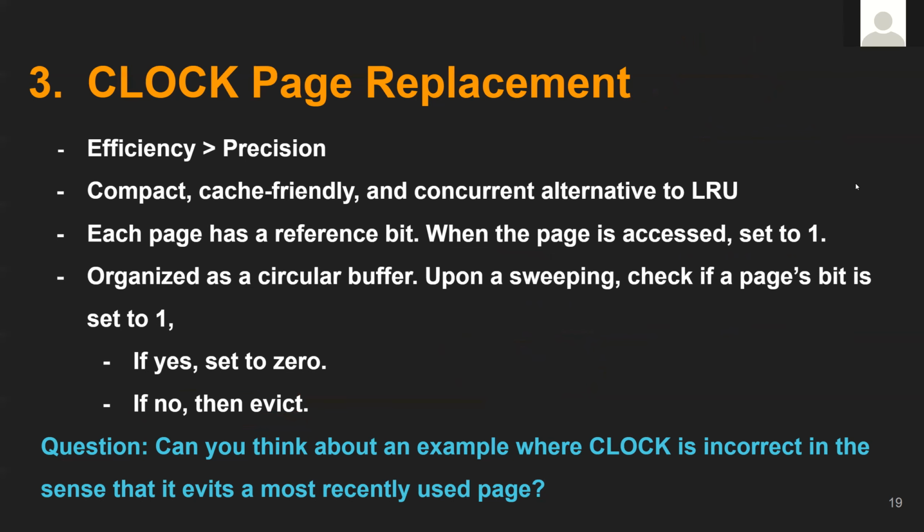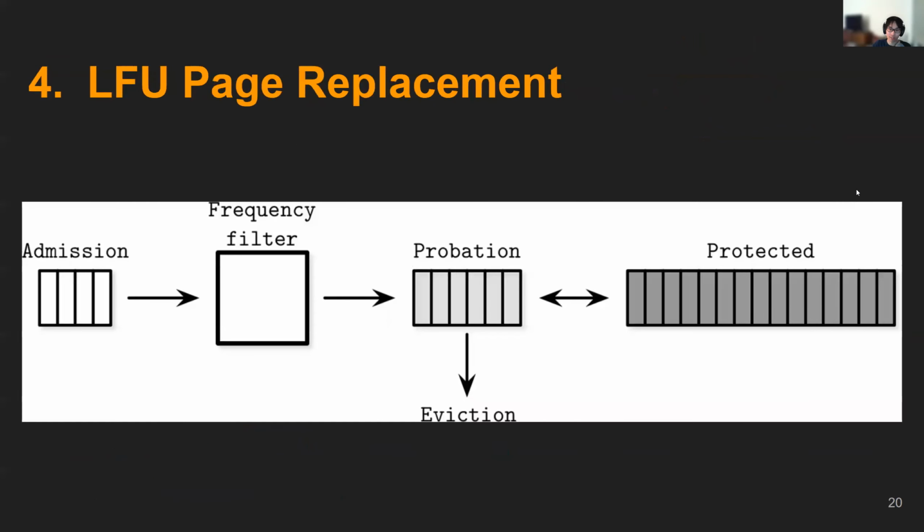Good question. There is another algorithm called LFU page replacement, which stands for least frequently used page replacement algorithm. LRU is the least recently used. This one tracks the frequency of your pages such that you only evict the least frequently used pages.